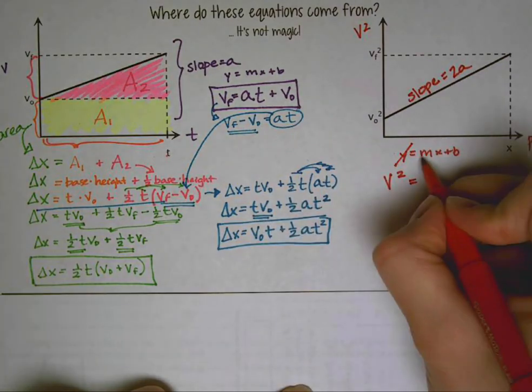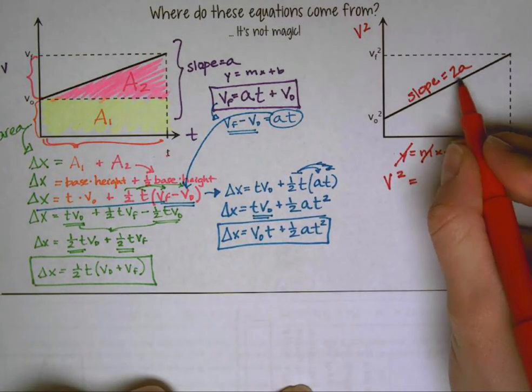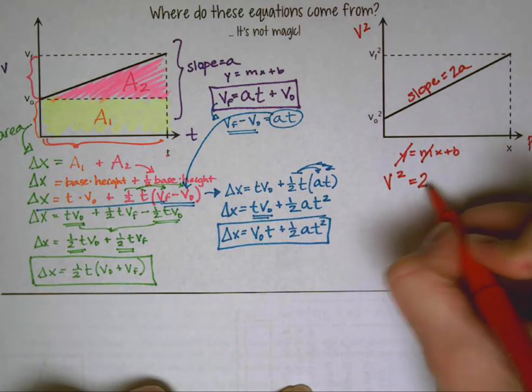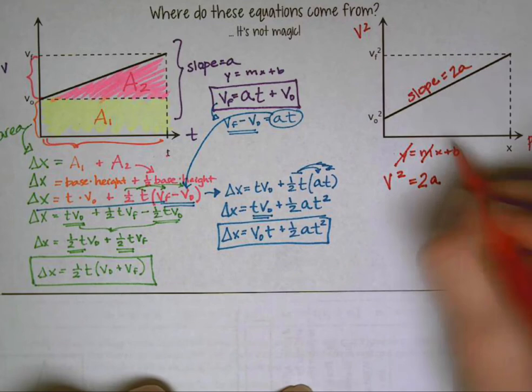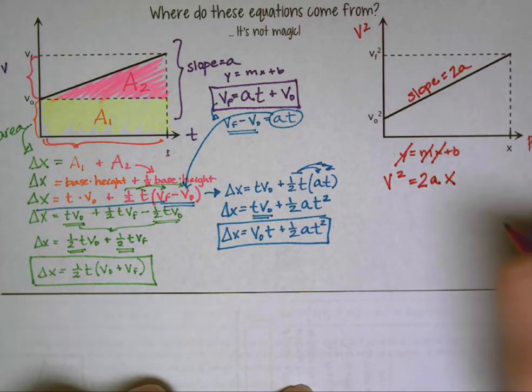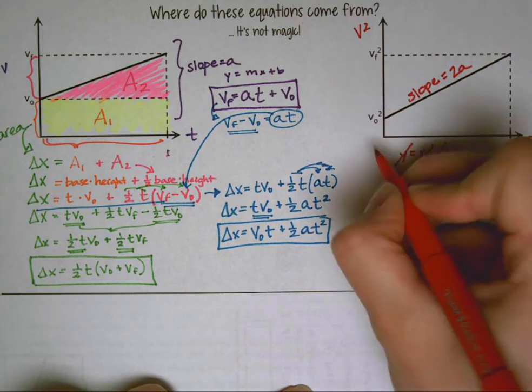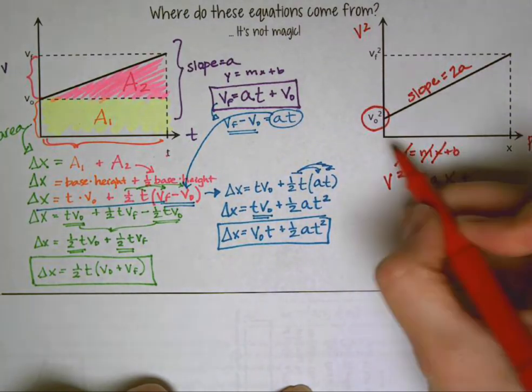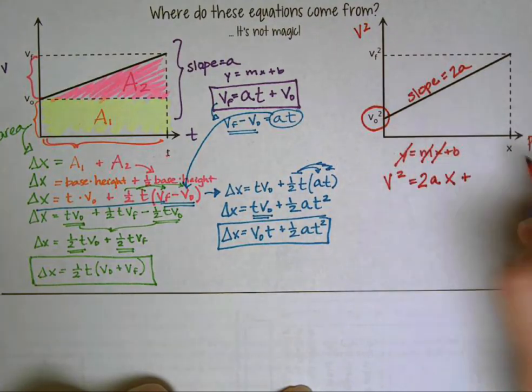So our slope is no longer m, it's not acceleration because this is a velocity squared versus position graph, but our slope is 2a. Our x variable actually happens to be x this time. And then the intercept, again, we know this is velocity squared, but specifically it's the velocity at that initial position.